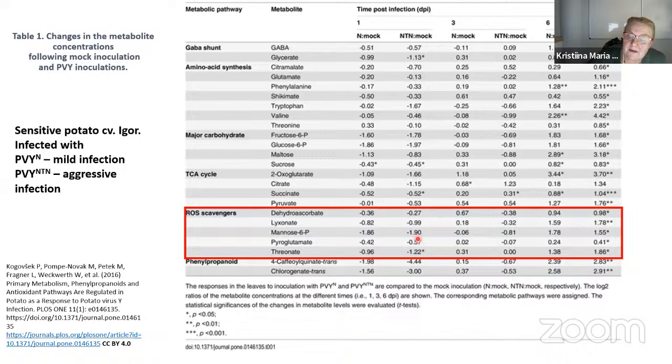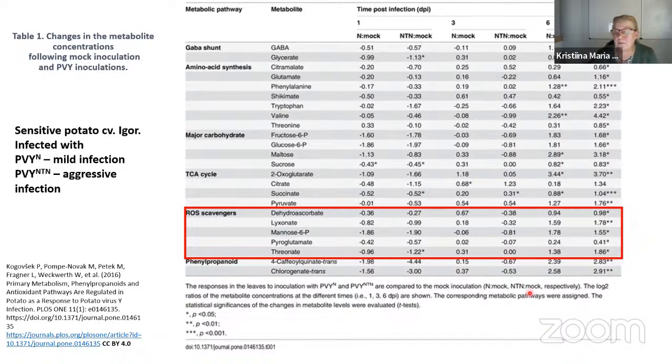In fact, first they were a bit reduced immediately after the infection, but then on day 3, in this N strain infected potato, where the mild infection develops, there was already an increase in the ROS scavengers, not yet in these plants that were infected with this aggressive strain, but then on day 6 we had already upregulation of the ROS scavengers in these plants.